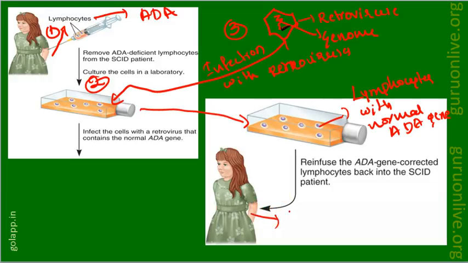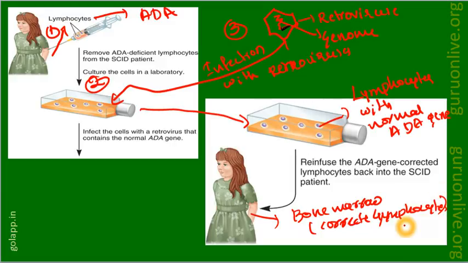Here the bone marrow contains corrected lymphocytes. So these corrected lymphocytes get activated, the gene gets activated and starts to produce the enzyme, that is ADA enzyme. So now the patient is cured.